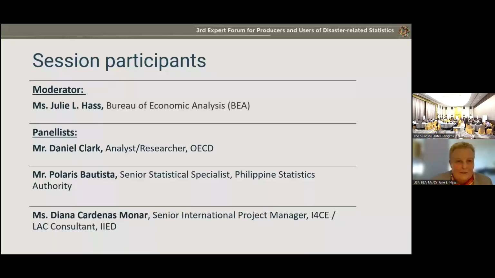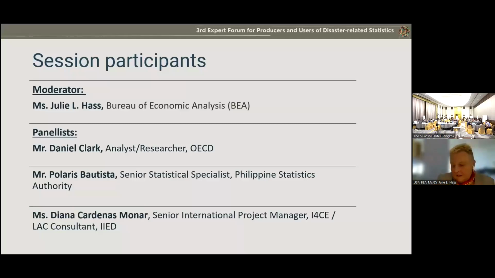Then we have Mr. Polaris Bautista from the Philippine Statistics Authority, and he's going to talk about the experience the Philippines has had in developing exactly these kinds of statistics. And finally, we have Diana Cardenas Molnay, who is very busy working as a consultant in the Latin American countries.